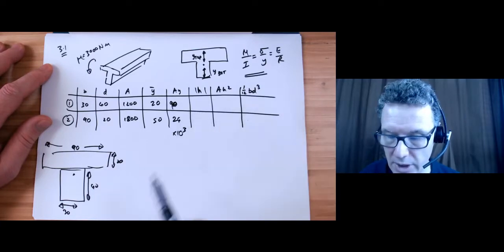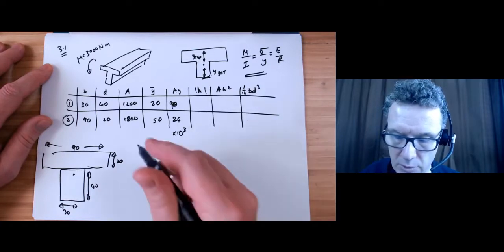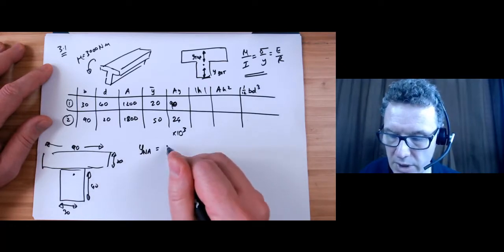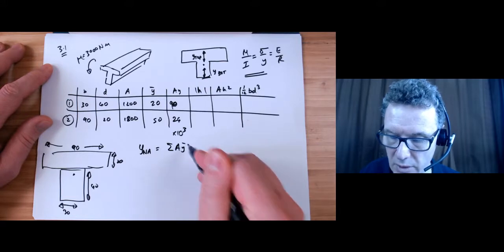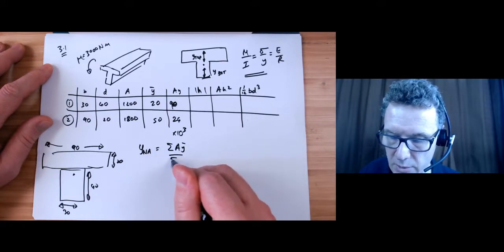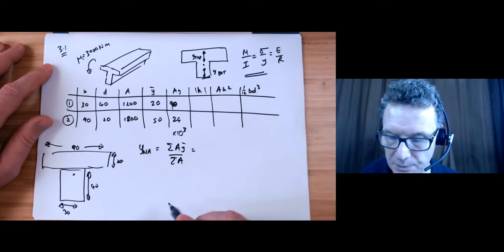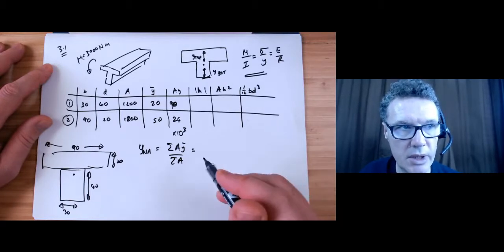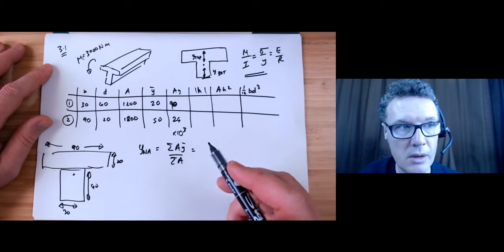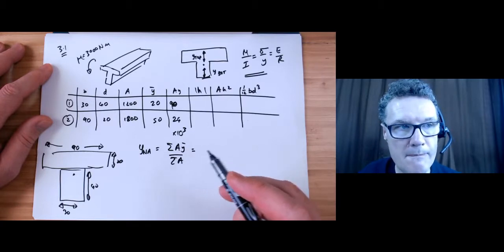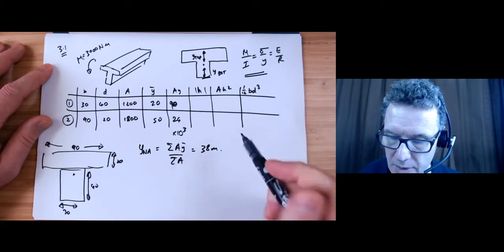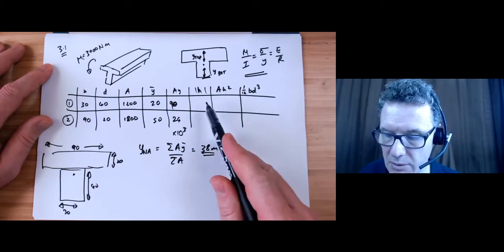Now for my H, I don't know, I need to find my neutral axis, so that will be the sum of a y's divided by the sum of a, and that turns out to be 38 millimeters.